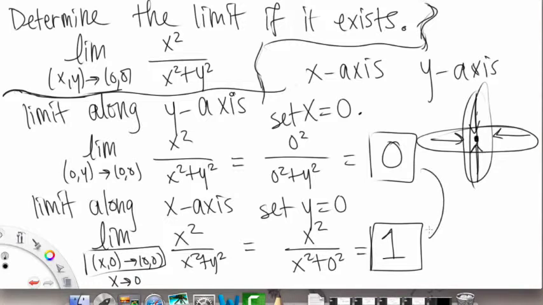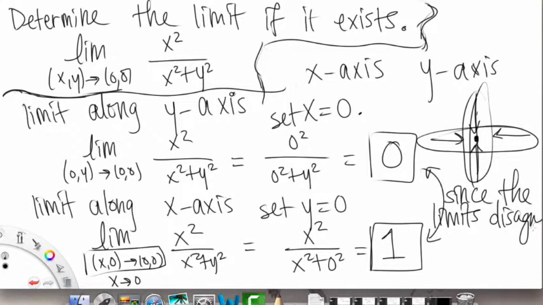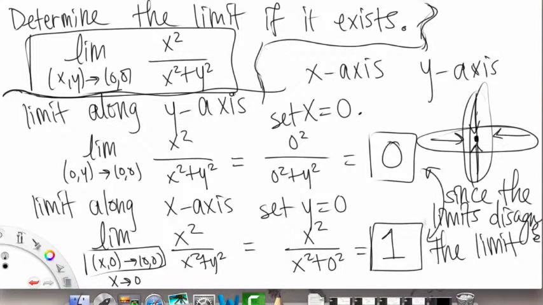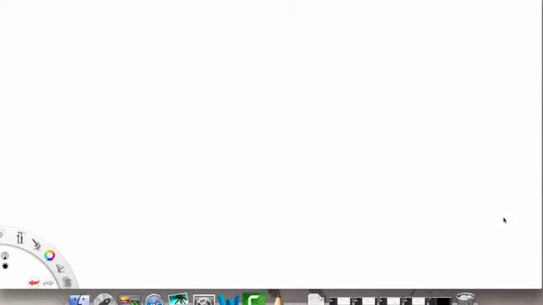Since these limits disagree, the entire limit that we started with, this one up here, does not exist. Can't have disagreeing limits. That's not good. Okay?